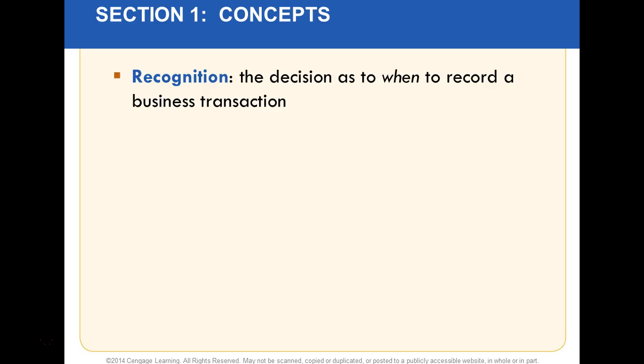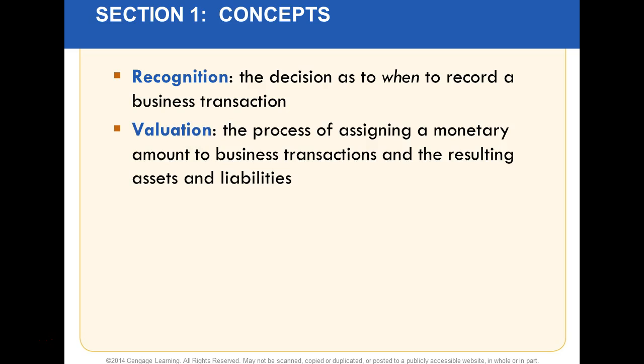So recognition. Recognition tells us when do we recognize a transaction. Generally speaking, we recognize a transaction when the event has occurred. But we're going to talk specifics about income and expenses as to when items are recognized.